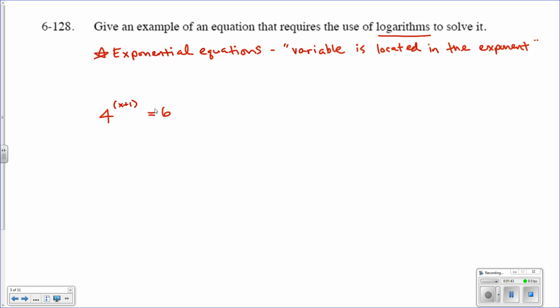So in order to solve this, we're probably going to end up taking the log of both sides, in order to allow us to use the power property of logarithms.